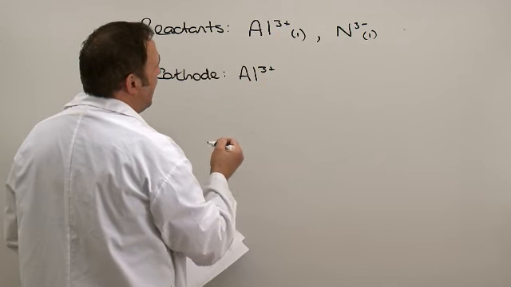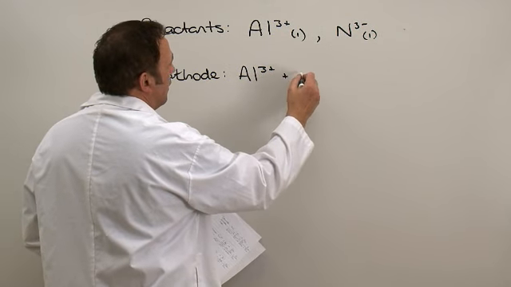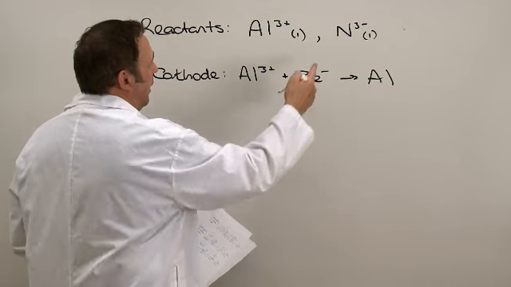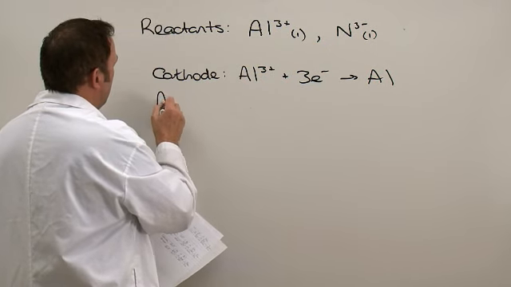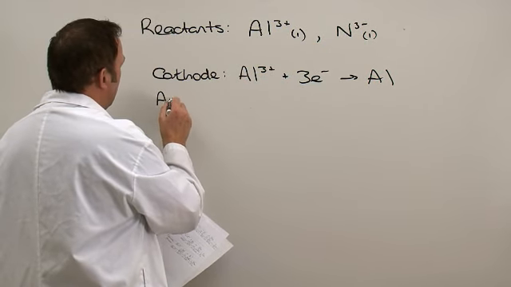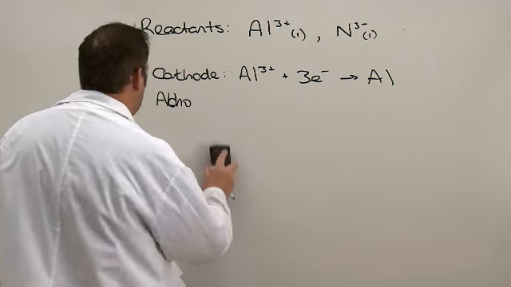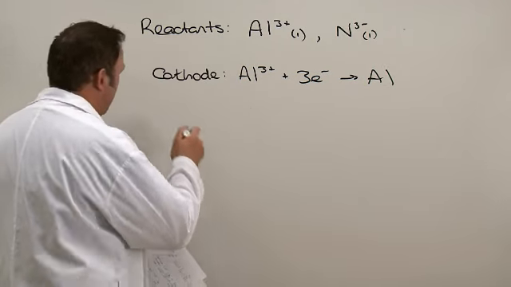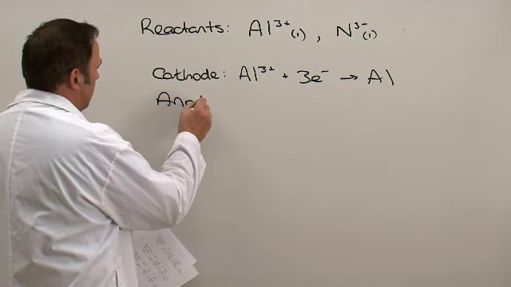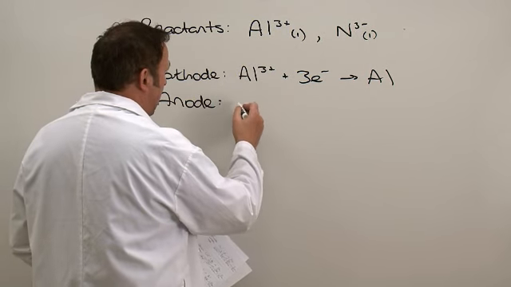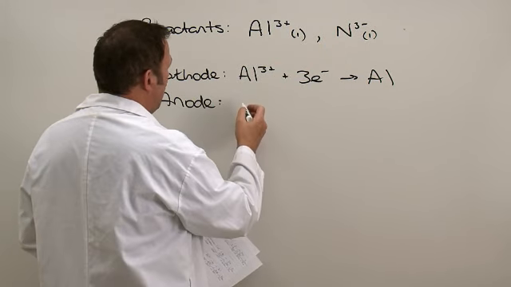So this is adding 3 electrons to make aluminum solid. And nitrogen is going to be oxidized at the anode. Oxidized is going to be losing electrons, because we have 3 electrons too many here.